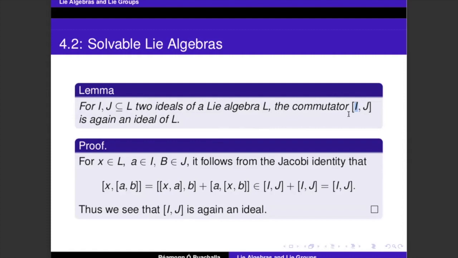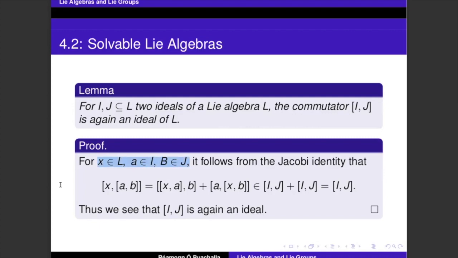Now we're going to do a generalization of this proof. This more general lemma will be needed in the next slide about the basic properties of solvable Lie algebras. So if I have an x in L, an a in I, and a b in J. Sorry, that should be a small b.